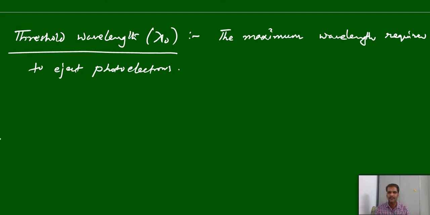So we can note down one point here. Alkali metals, mainly potassium, rubidium and cesium. These are the three elements.